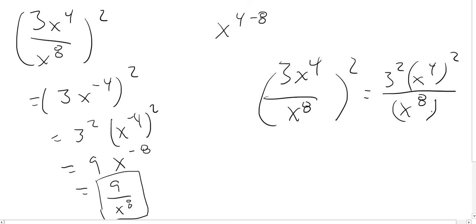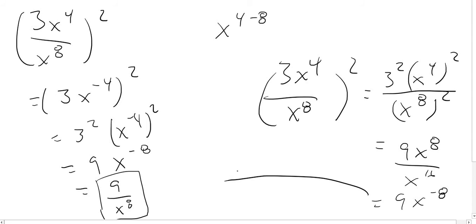That 2 belongs to everybody, so I could distribute that through first, and that would give me 9 x to the 8th over x to the 16th. And then I could subtract their exponents and get 9x to the negative 8th, so that it becomes the same thing over here.